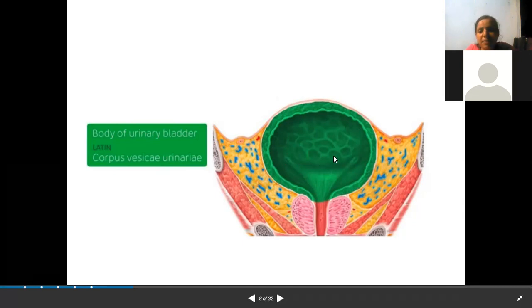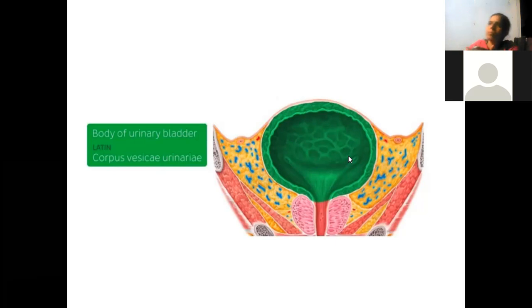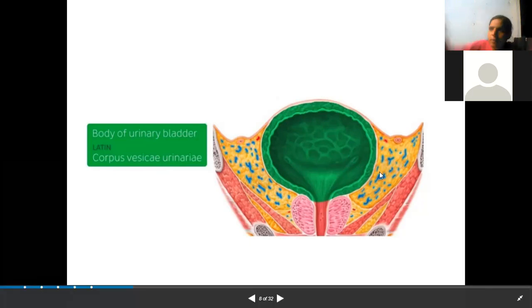One more name given is the bar of Mercier. When the urinary bladder is full of urine, the distance between these two will be 5 centimeters, and when the bladder is empty, the distance between the two ureteric openings is 2.5 centimeters.